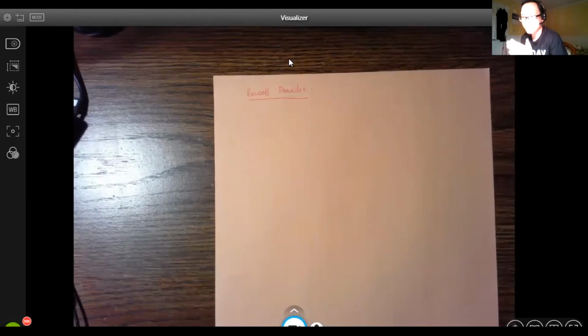You can use this paradox to train your mind, to train your brain. I don't know if you've heard of the Fermi paradox.